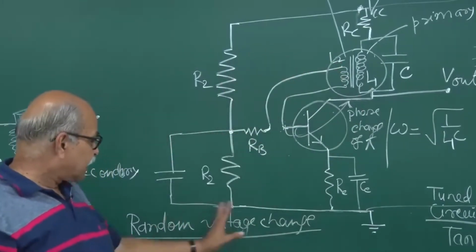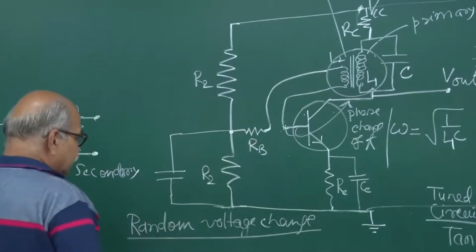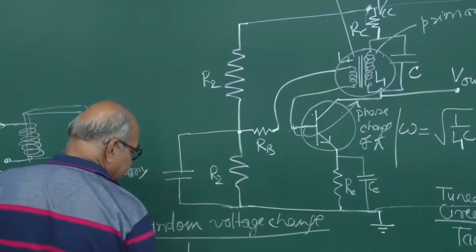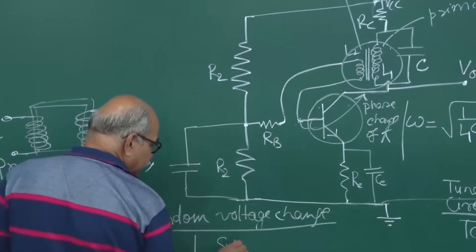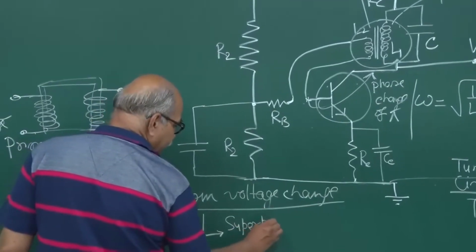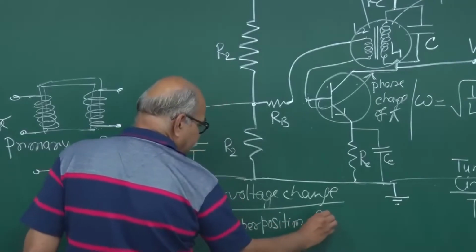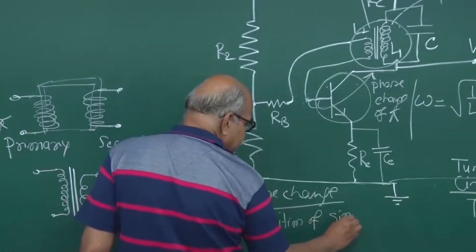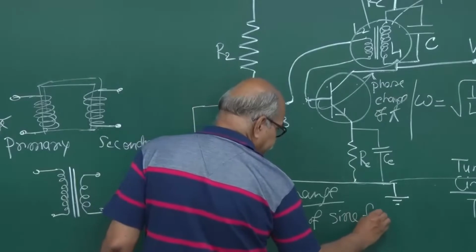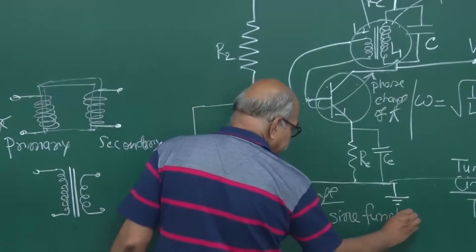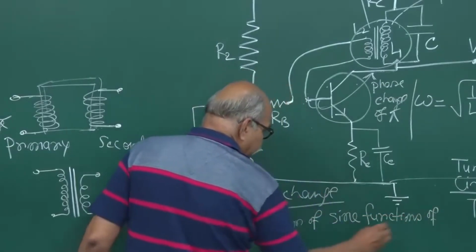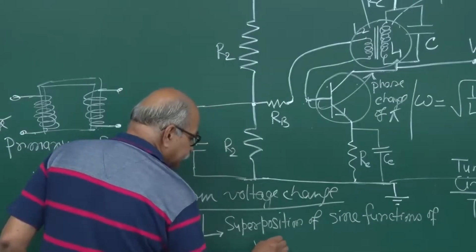So that is some kind of a random voltage change there, and you can understand that as a superposition of sine functions of various frequencies.